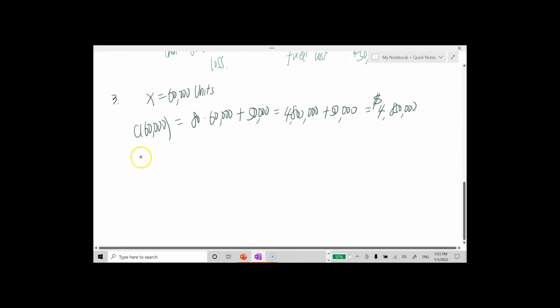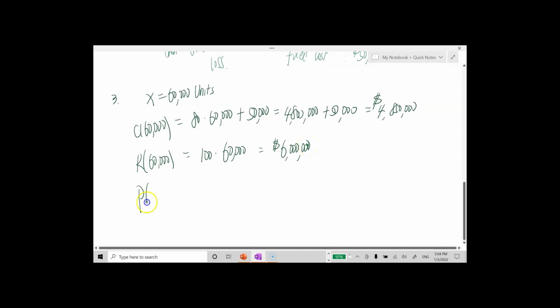And then the revenue function, revenue producing 60,000 units, is going to be $100 per unit times 60,000, which is going to be $6 million revenue.